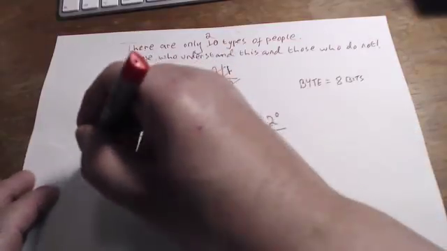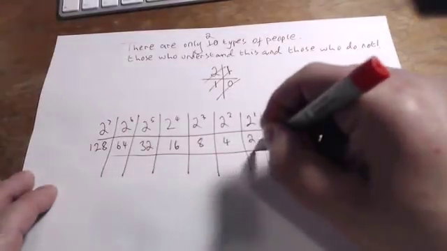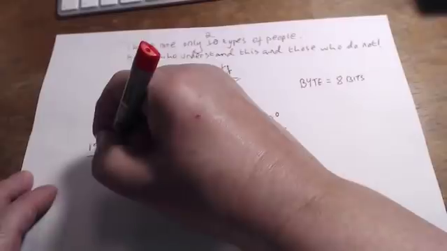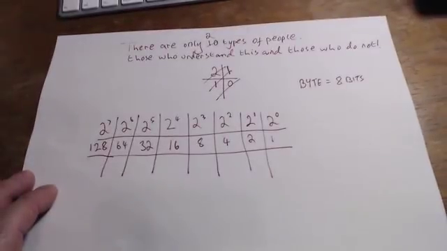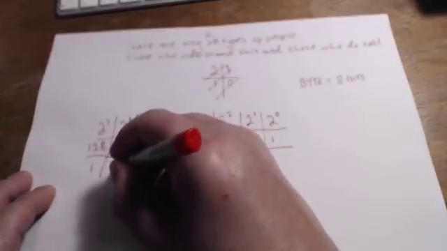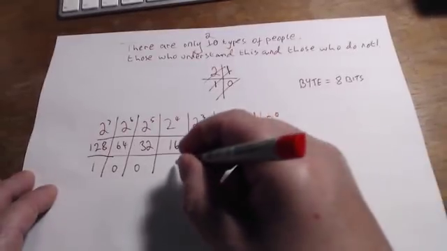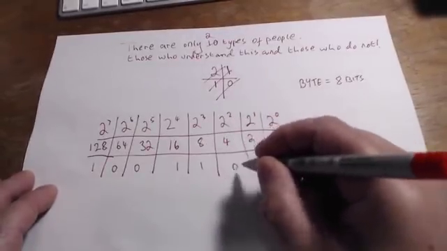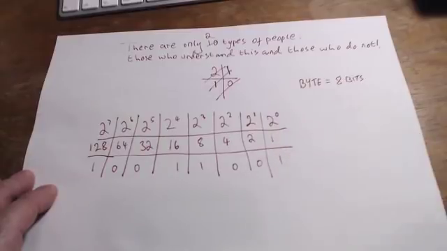So let's have a little look at this. I'm going to put a line underneath that for a second. And I'm going to write out a binary value. I'm just going to make one up. So I'm going to say 1, 0, 0, 1, 1, 0, 0, 1. So that's my binary value, 1, 0, 0, 1, 1, 0, 0, 1.